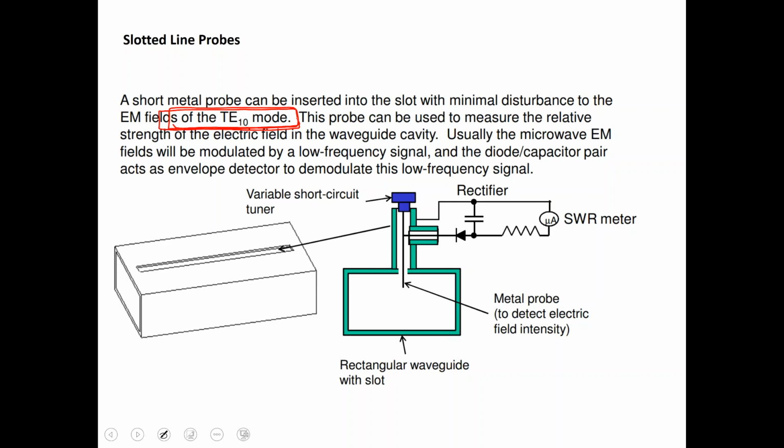But what these probes allow us to do is measure the relative strength of the electric field in the cavity. We can even modulate the electromagnetic fields with a low frequency signal, or demodulate it, and thus start doing some communication.